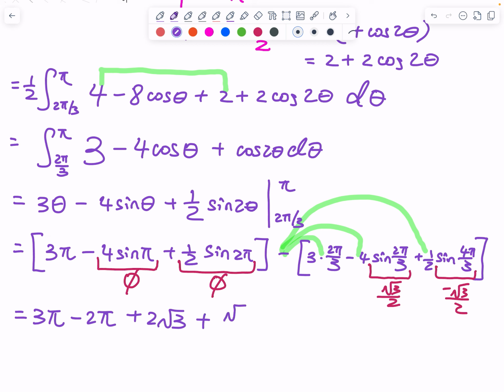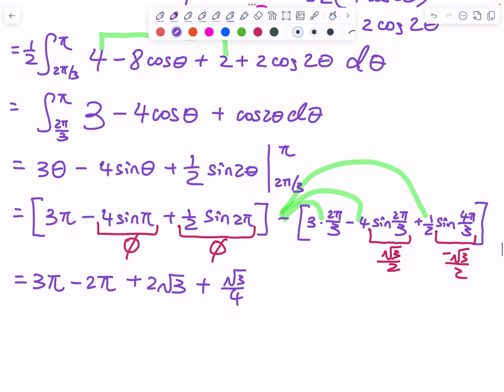Then this is root 3 over 4. And then 3 minus 2 is 1, so pi plus 2 root 3, and then plus root 3 over 4. So this is the purple region area.